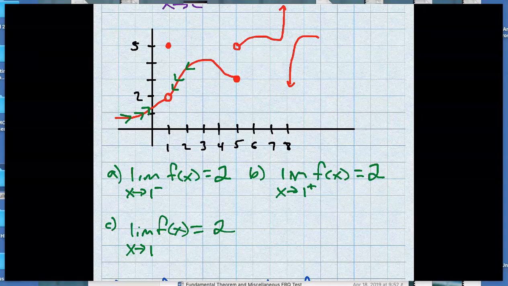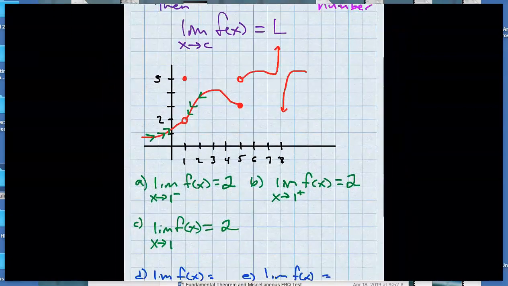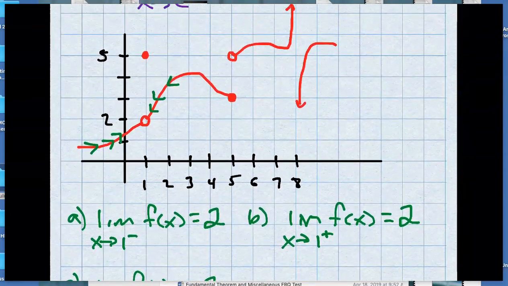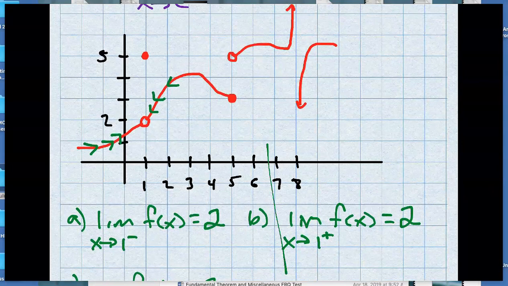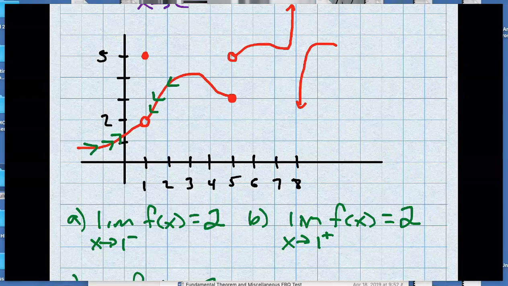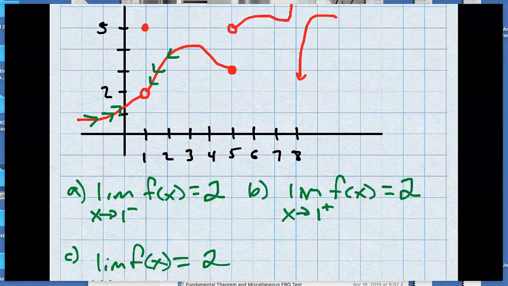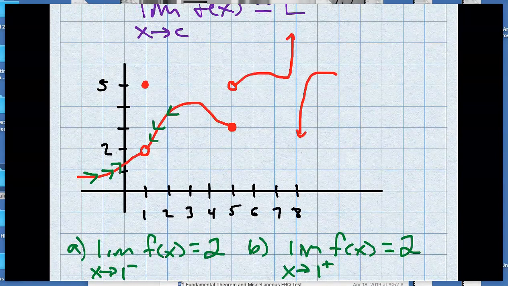Let's look at what's happening at 5. So now we're going to kind of zero in on what's happening at 5. So let me take a look at 5, and if we're looking at it as x approaches 5 from the left side, it looks like it's going towards 3.